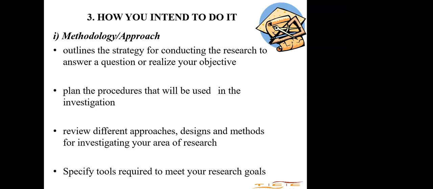So the methodology section outlines the strategy for conducting the research to answer a question or realize your objective. The methods you are going to use to collect your data are determined by your objectives. So you could find that each objective would have its own methods of collecting data.